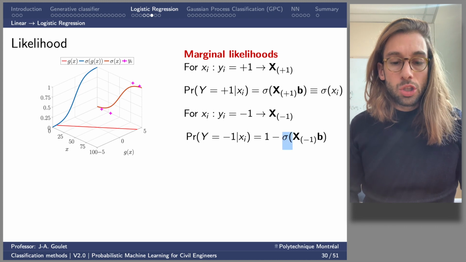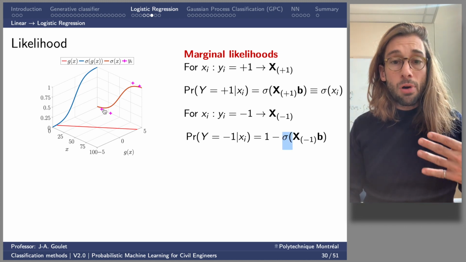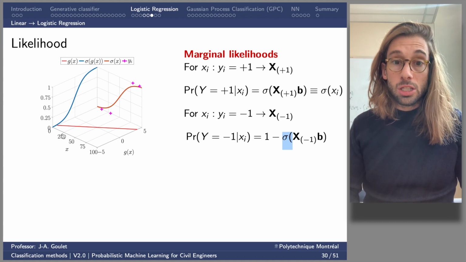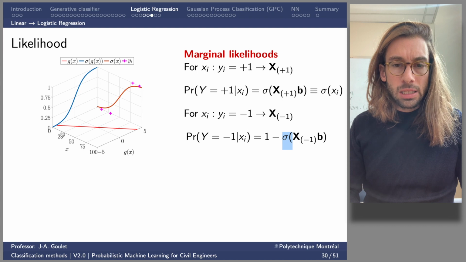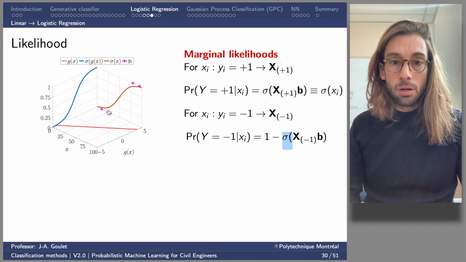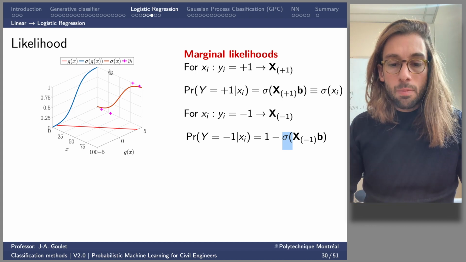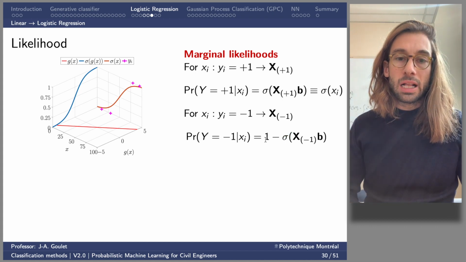Because if I want to obtain the probability of predicting these 2 points given x that is, for instance, low, the probability of predicting these points is not a low number, it's a high number. When I look at the opposite class, I need to do 1 minus the output from my classifier.